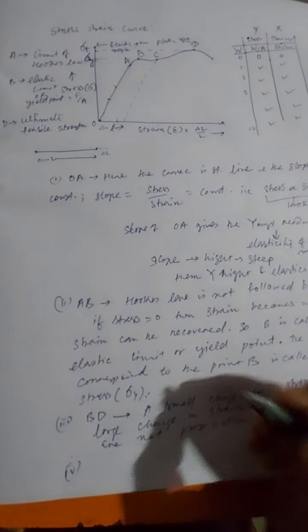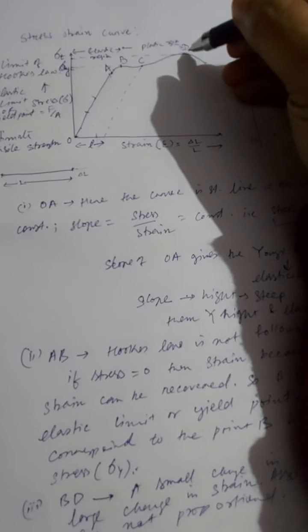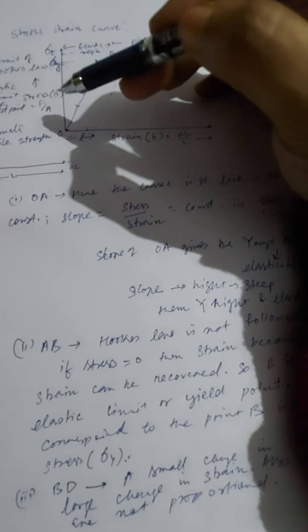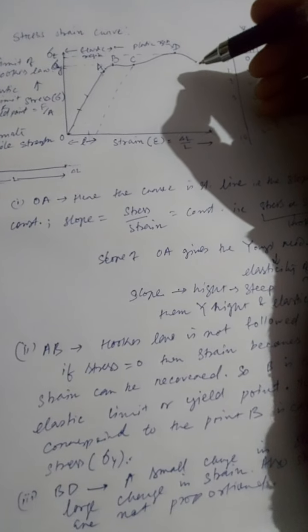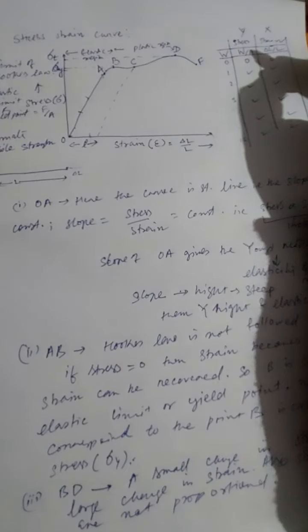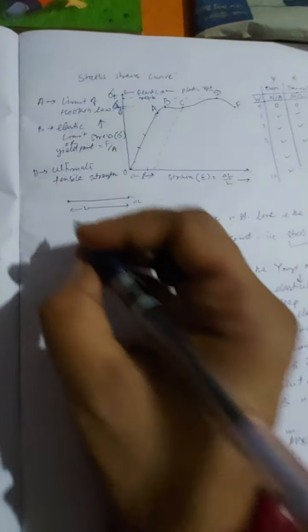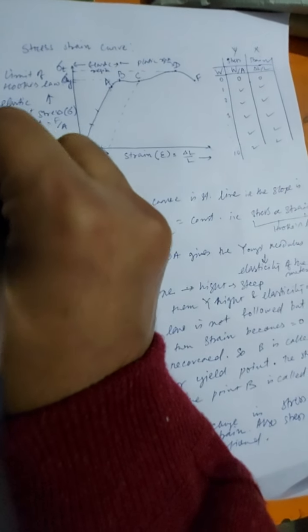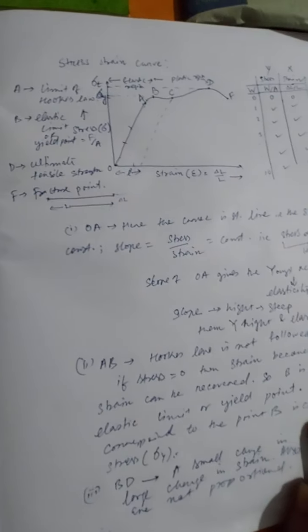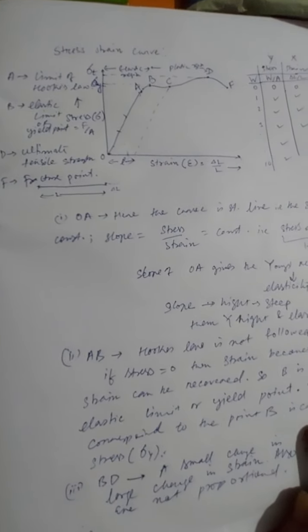Actually, from D, even if we reduce the stress, the strain keeps on increasing till the wire or the material breaks at a point F called the fracture point. So this F is called the fracture point, where the material snaps or breaks into two.